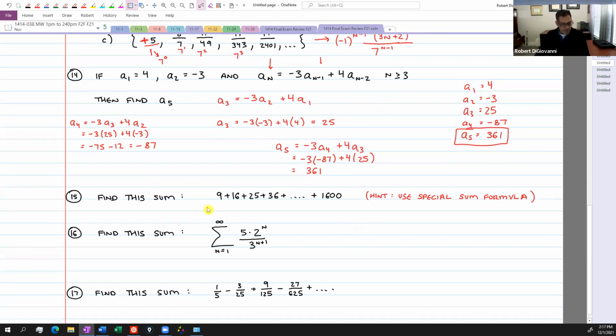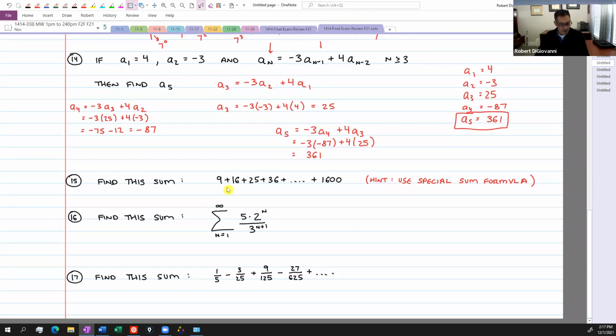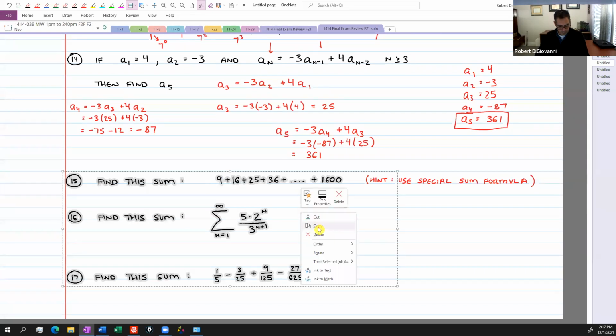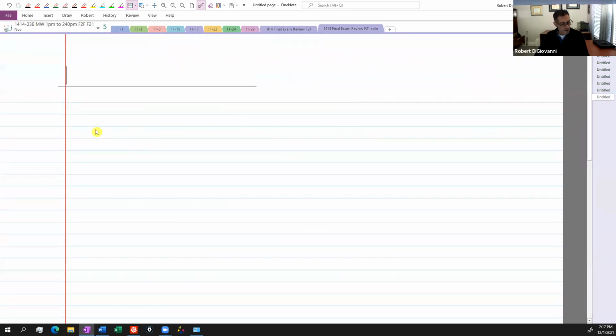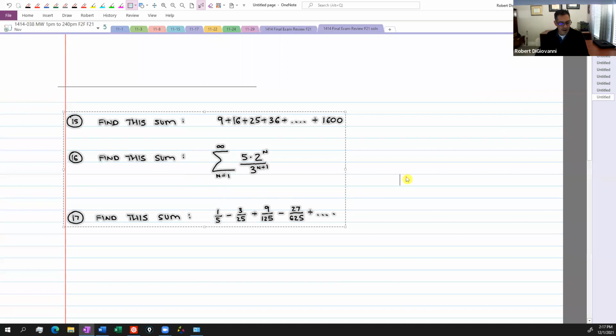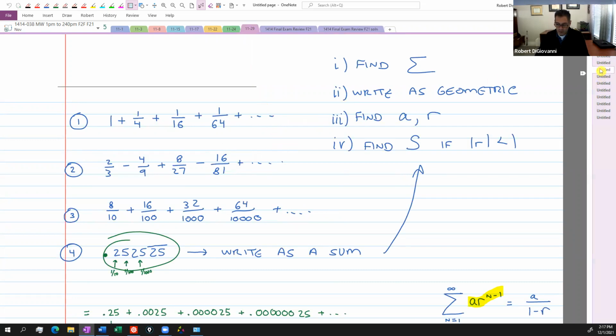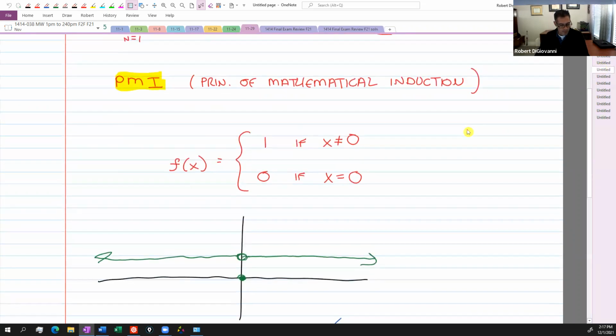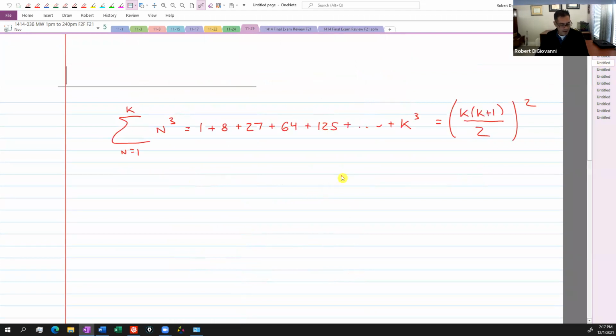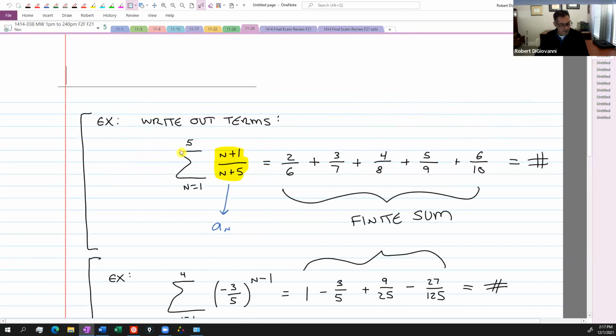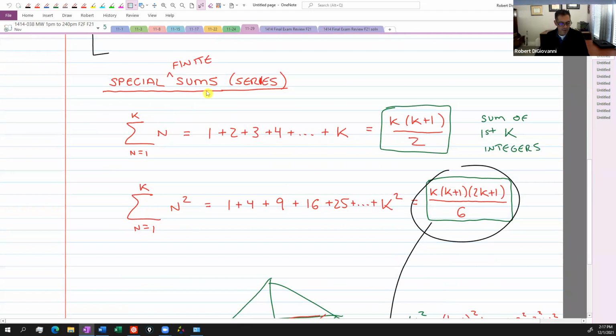All right, so this one here, I ask you to find the sum. This is a good one. So there were some special formulas that I gave you in class. There were 3 of them that I gave you. And I was talking about principle of mathematical induction. So these were the special sum, the finite sum formulas. If you're adding up 1 plus 2 plus 3 plus 4 to k, here's the formula.